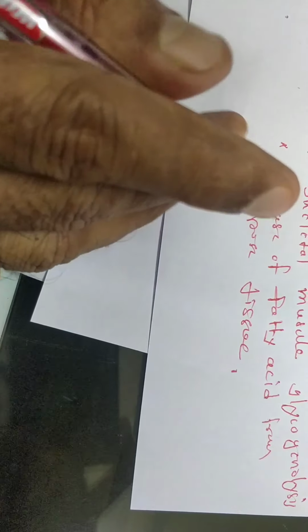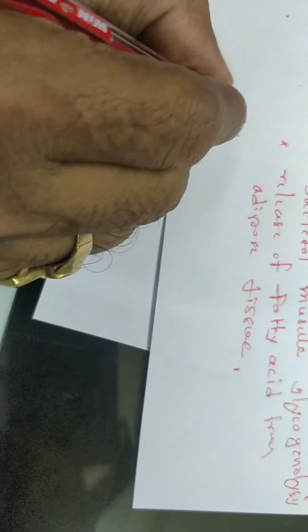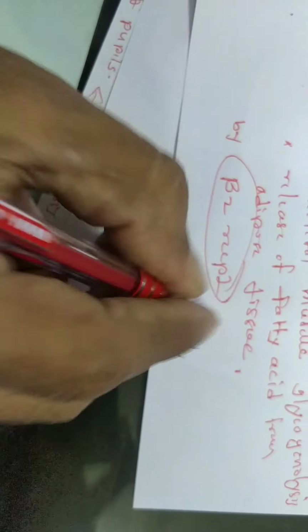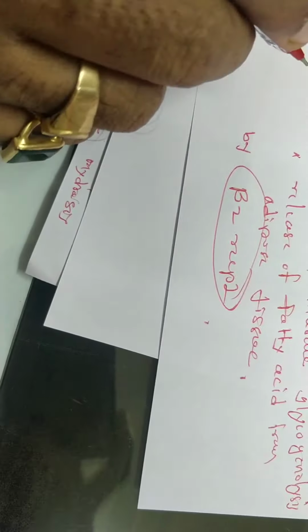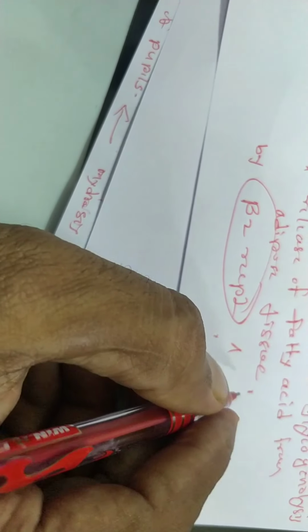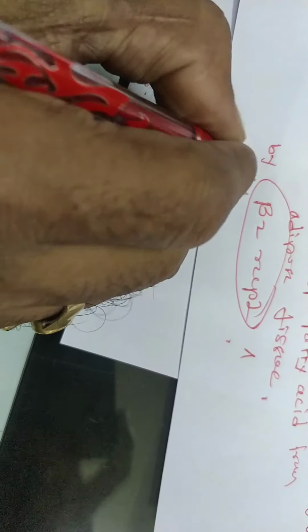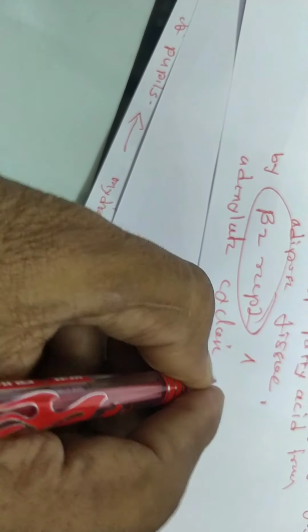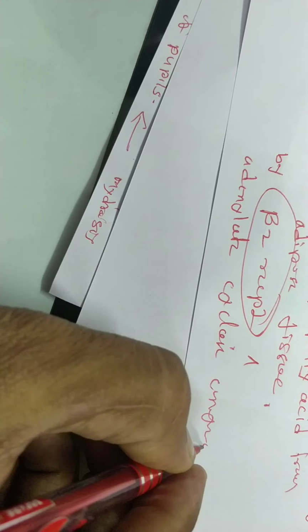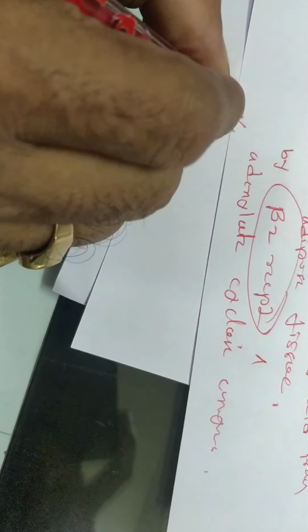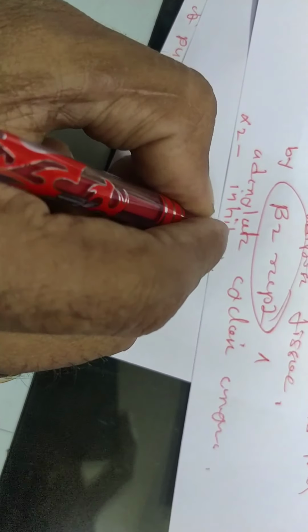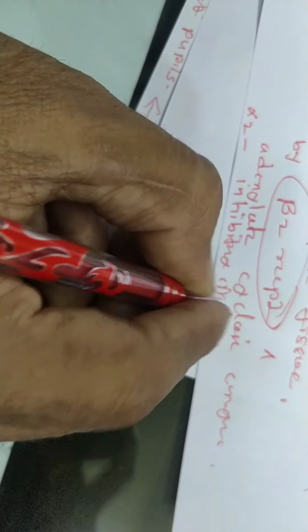These all the effects are mediated by beta 2 receptors, and involve the activation of the enzyme adenylate cyclase. An alpha 2 receptor produces inhibitory effect.